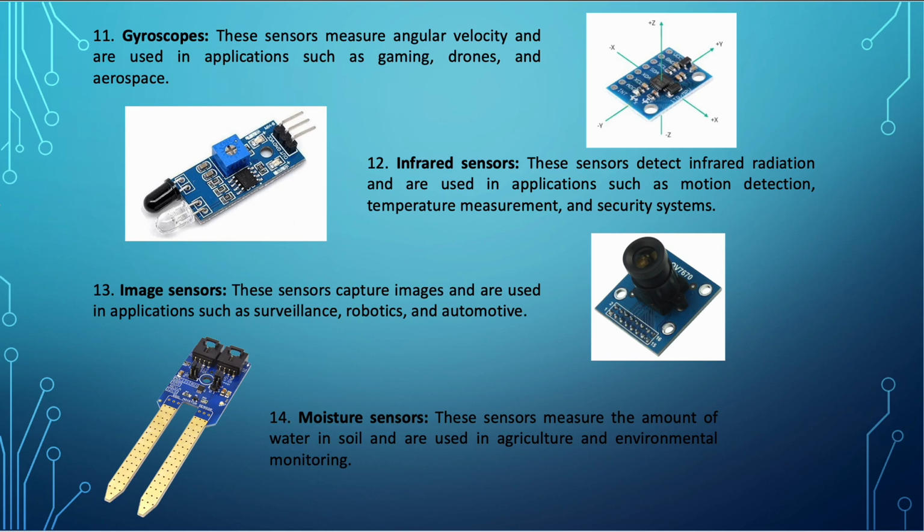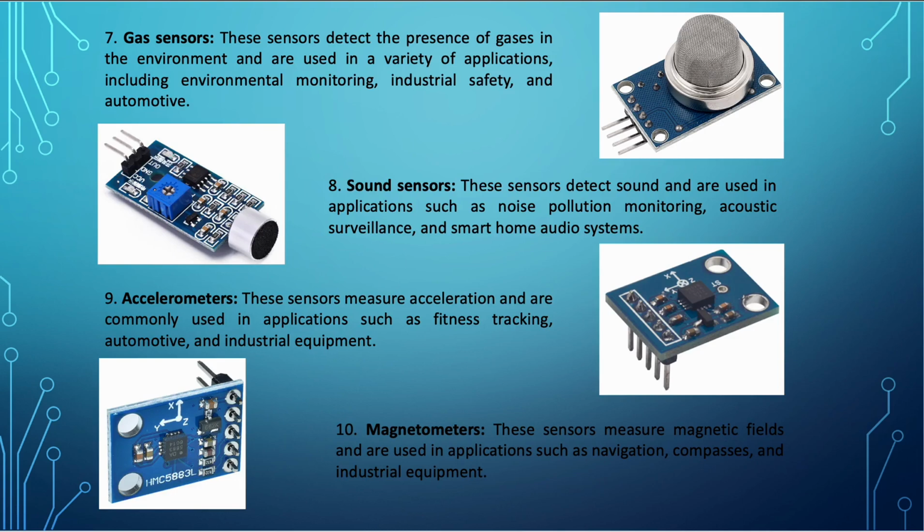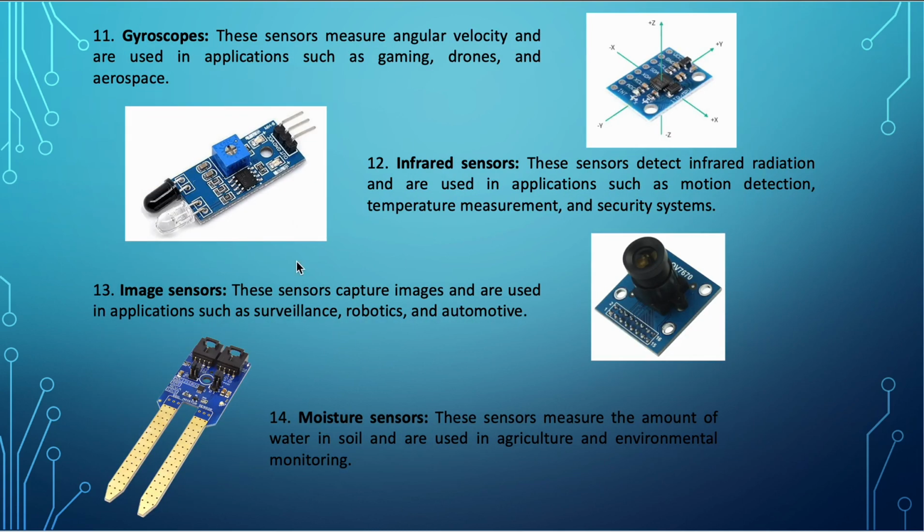Infrared sensors, yes, these sensors detect infrared radiation and are used in applications such as motion detection, temperature measurement, and security systems. So this is the same thing as detecting proximity sensors, right? This same device can be used for proximity sensing and motion detection, right? So the code will be different, depending on the application.